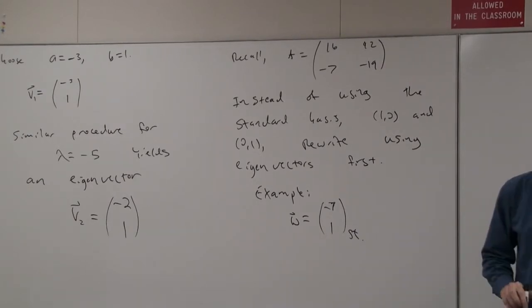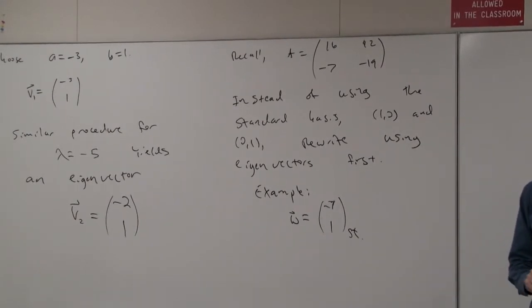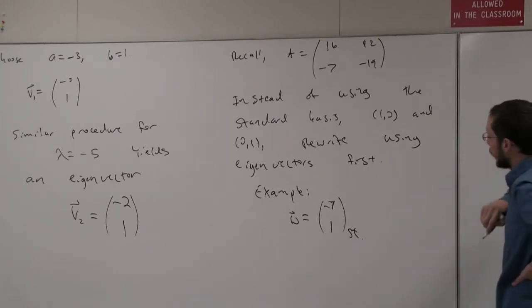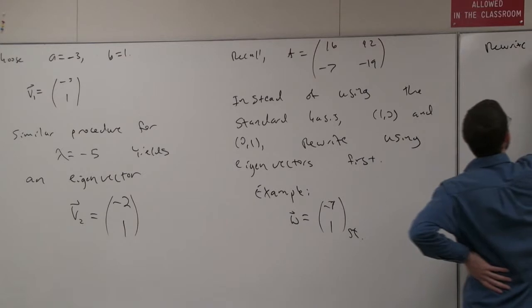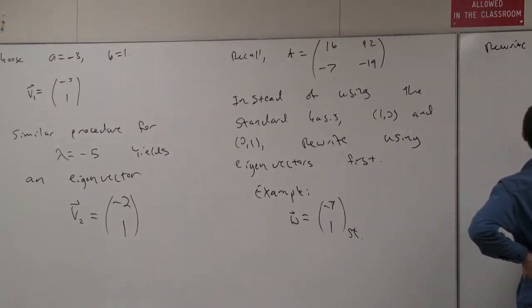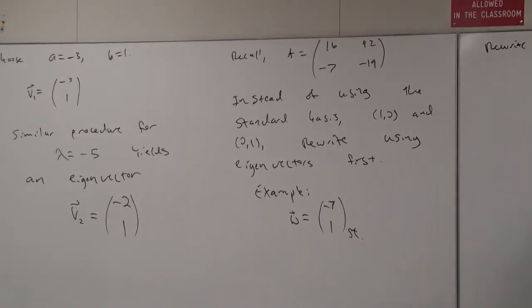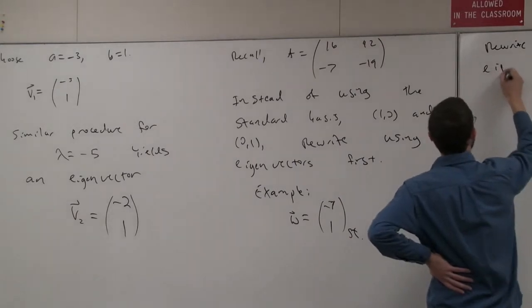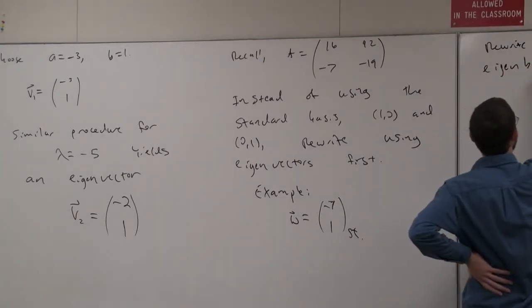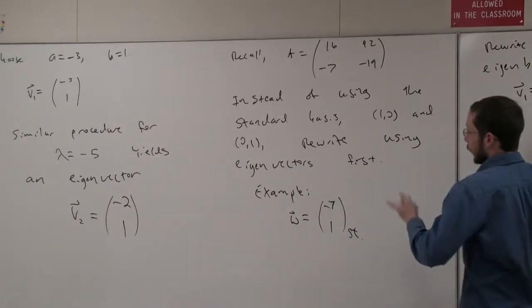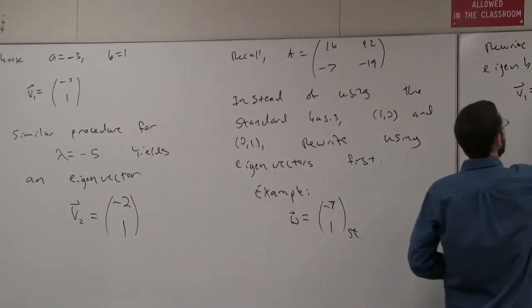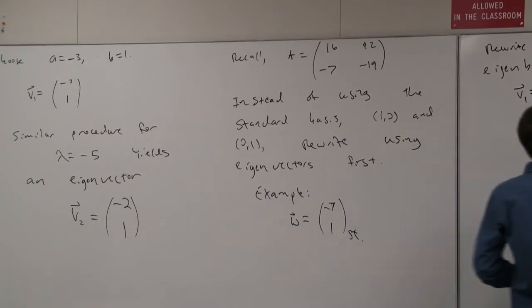Then we're going to rewrite this in terms of the eigenbasis, which we found to be -3, 1 and -2, 1.